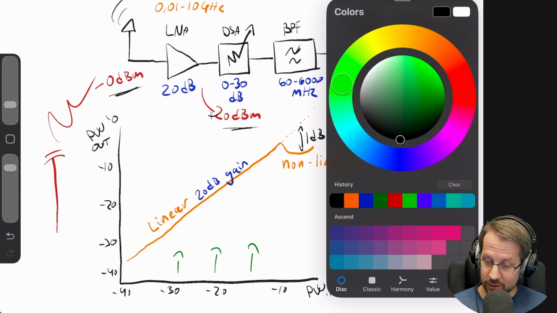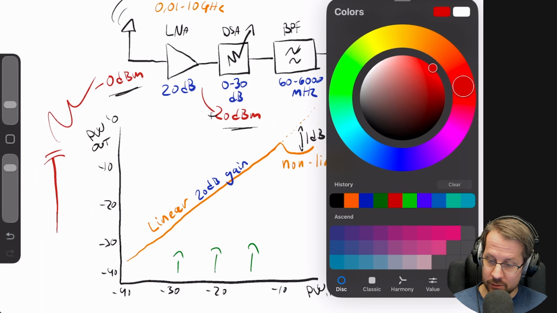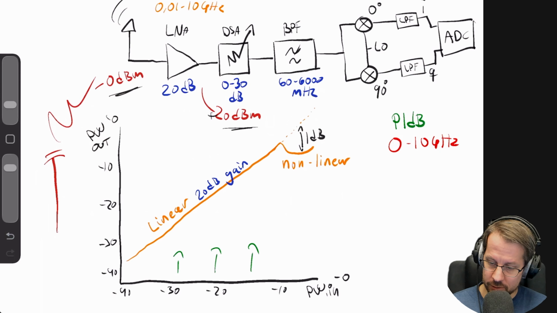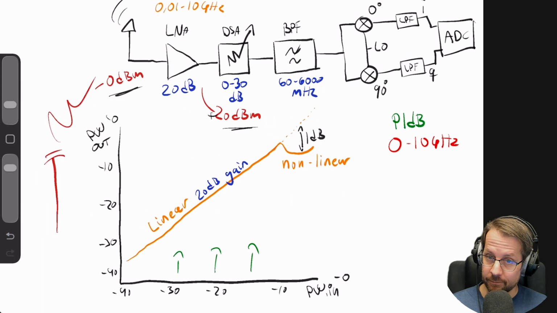For this particular amplifier, it's different from 0 to 3 GHz, from 3 GHz to 8, and from 8 to 10. I will round it up. So from 0 to 10 GHz, that value is 18 to 21 dBm.